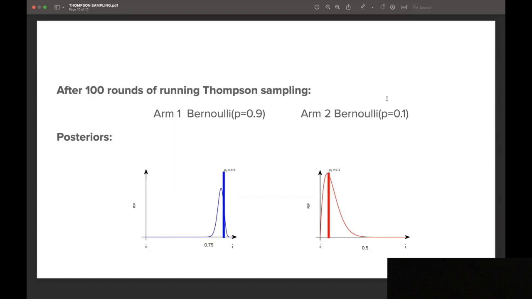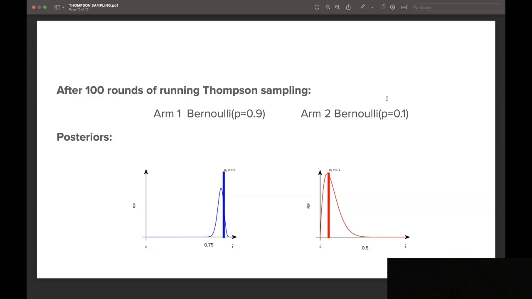After 100 rounds, as we gather more and more data from the reward distributions, the posterior distributions will start to concentrate around the true expected returns. After this point, the posterior of the first arm is most likely to produce a sample that is larger than 0.75, whereas the posterior of the second arm is most likely to produce a sample that is smaller than 0.5.